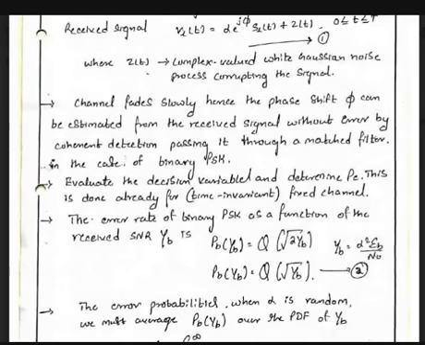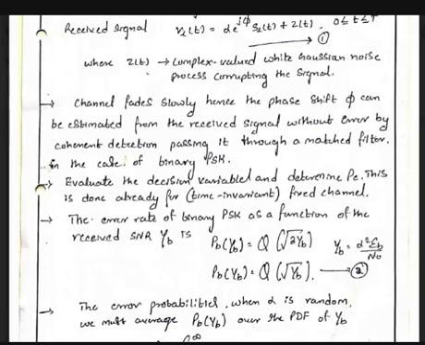As the channel fades slowly, the phase of the signal will be shifting. This phase can be estimated from the received signal without error by coherent detection.